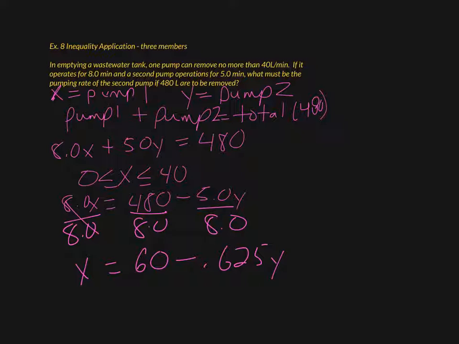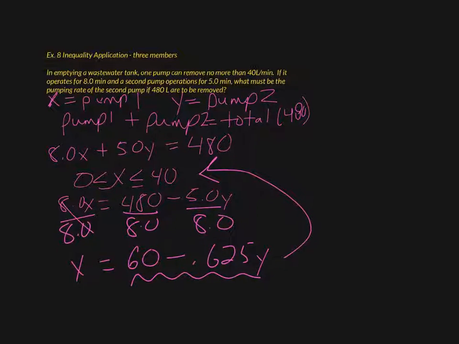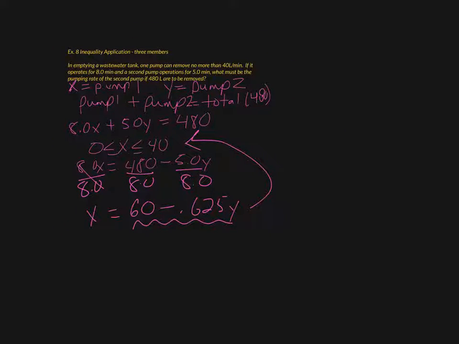That's an expression for x. And we know that x has to be between 0 and 40. So we're going to take this expression and plug it into that. We're going to say that 60 minus 0.625y has to be greater than or equal to 0 and less than or equal to 40.